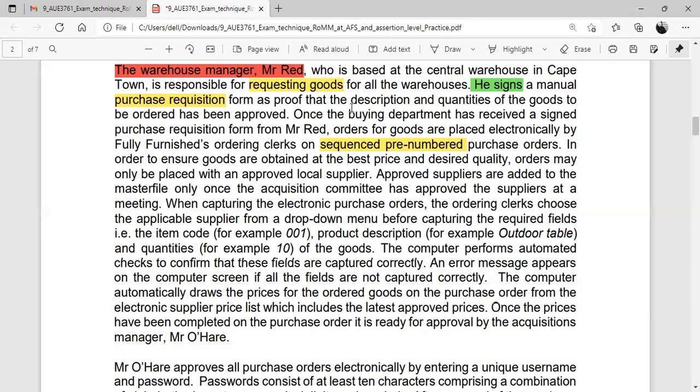I'm not sure about how to go about testing it. So your starting point would be inspecting the master file and to make sure that every order that has been placed is with an approved supplier.